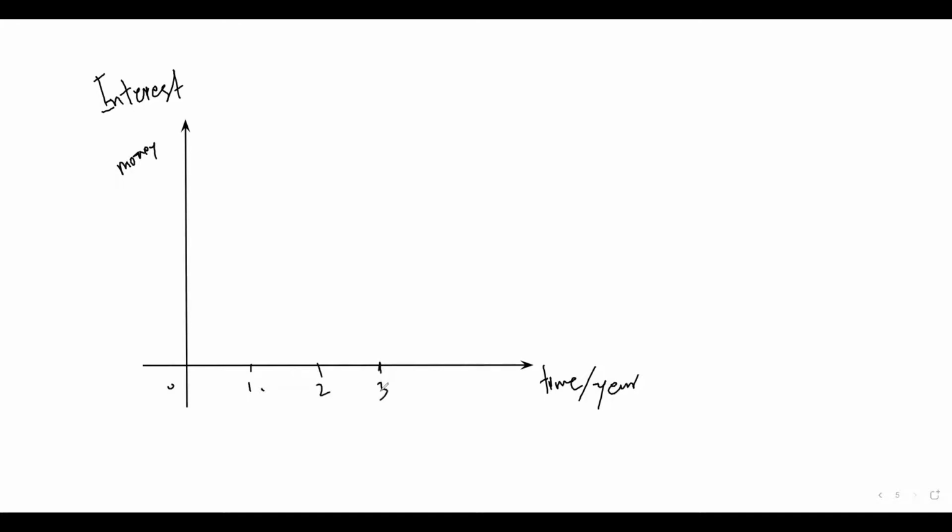Let's say the first year you deposit, let's choose an easy number to work with, 100 US dollars. You deposit the money. So at the end of the year, if the interest rate is 10%, you're expecting $10 to be added to your money.